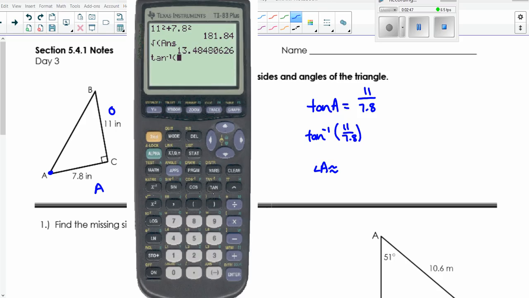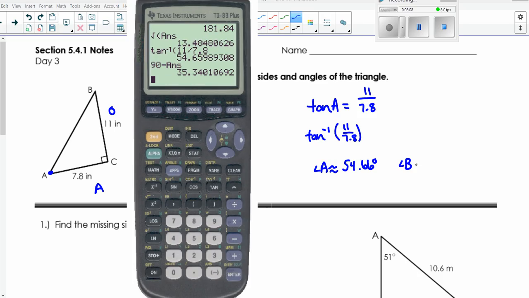Okay, I'm going to do second tangent 11 divided by 7.8. That tells me my angle is about 54.66 degrees, which then means I can find angle B by subtracting from 90. So angle B is about 35.34 degrees. Okay, so that was just review from yesterday.